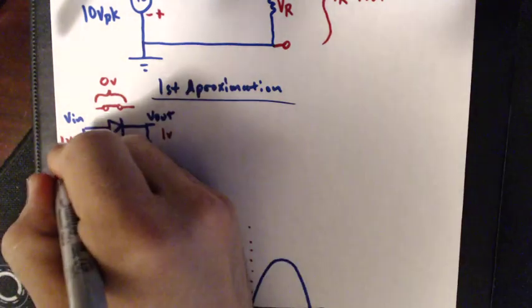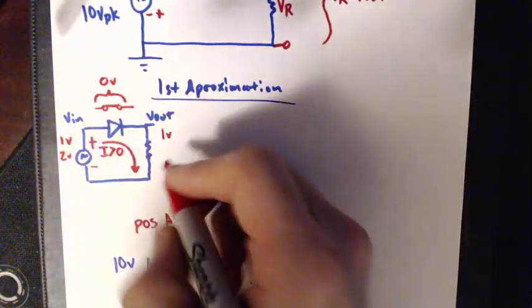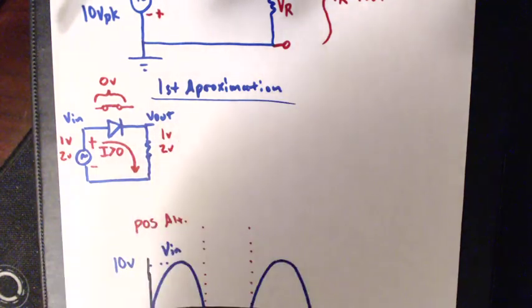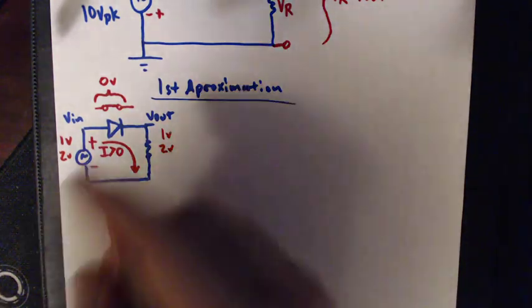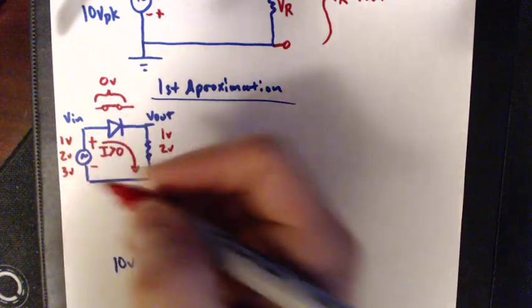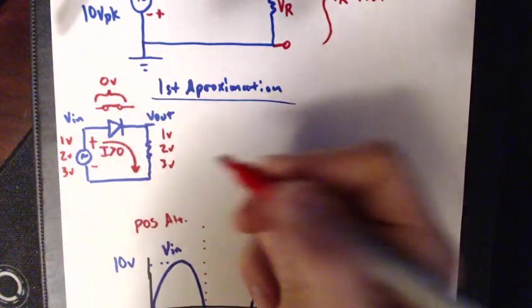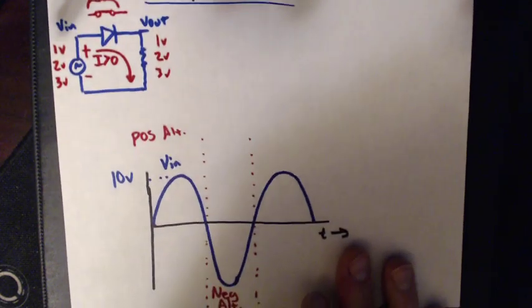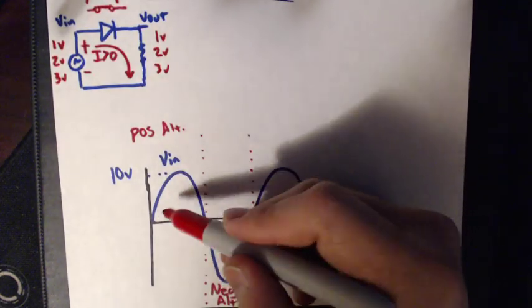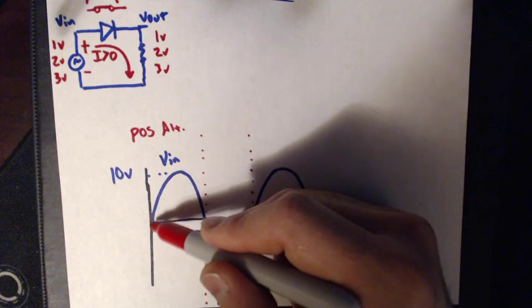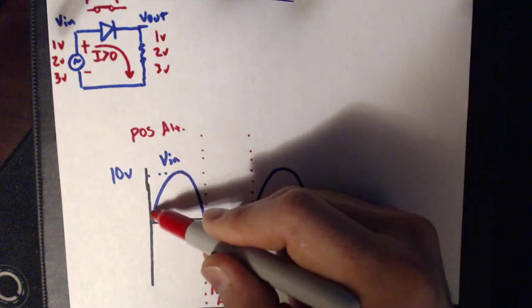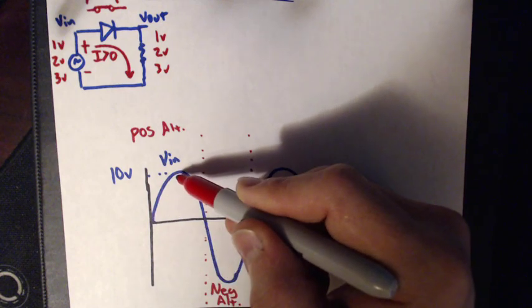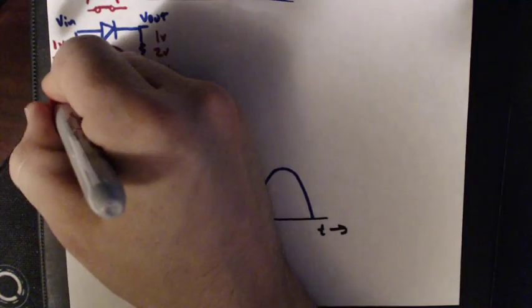If V in is 2 volts, V out is 2 volts. If V in is 3 volts, V out is 3 volts. You see where I'm going with this, right? As our AC voltage is applied, this is going up, and we go all the way up to 10 volts. Well, if we go all the way up to 10 volts, we get 10 volts on V out.